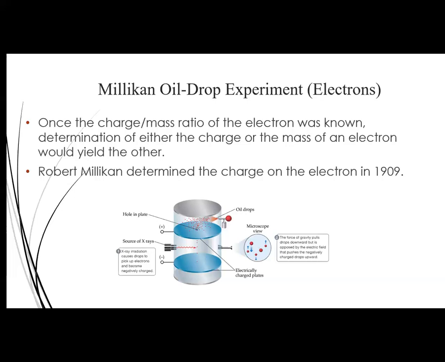And so he sprayed these oil droplets, and then he would use an electric field to keep the negative ones away from the positive ones, and then use that piece of information to help figure out the mass of an electron.